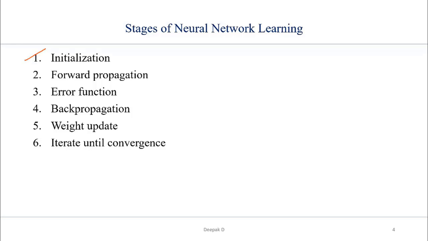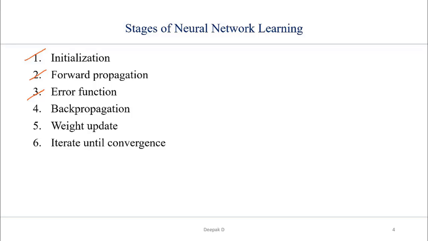In the initialization stage, we initialize the weights which are applied to all the neurons, and these weights are taken randomly. The next step is forward propagation. The inputs from a training set are passed through the neural network and an output is computed.